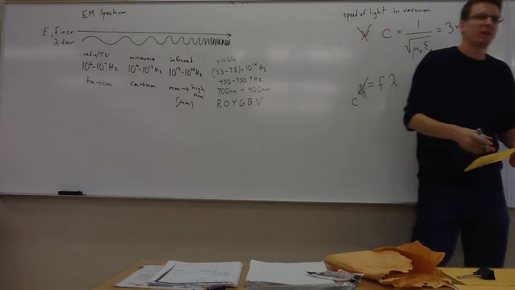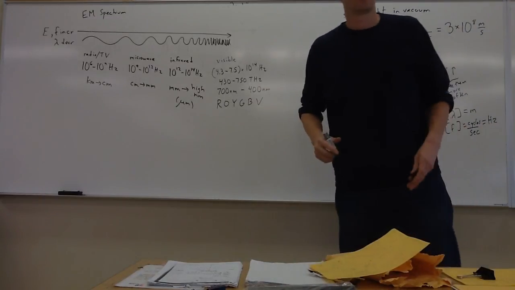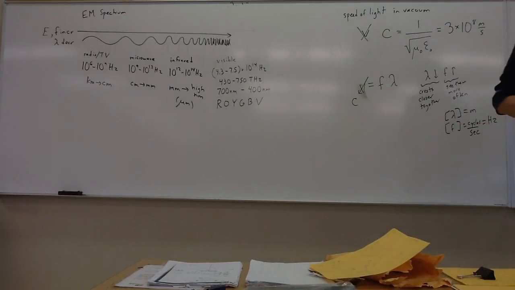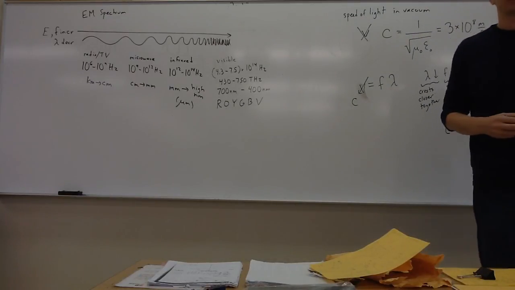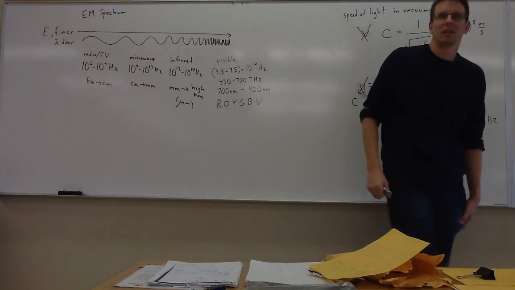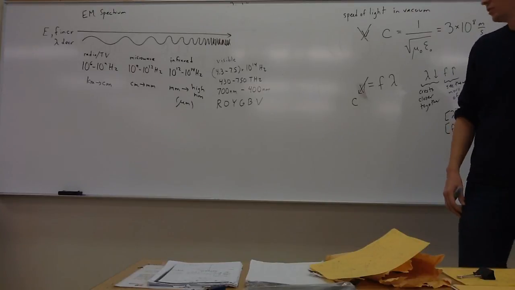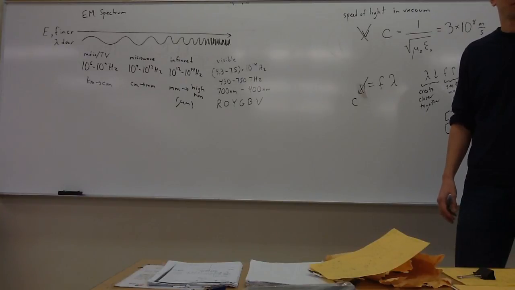Classic Roy G. Biv. You can put an I in there for indigo if you like, but I have no idea what color indigo is, okay? Of course, you can split this up much more finely, but that's about all the major colors, okay? I'm not going to argue what's the difference between emerald and teal. I think they're both green, right?